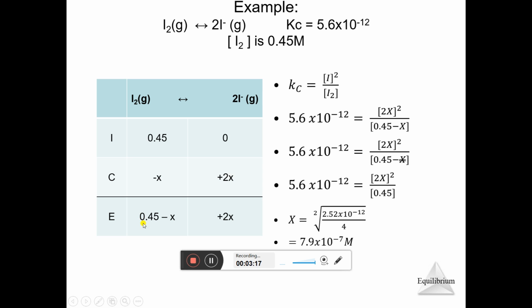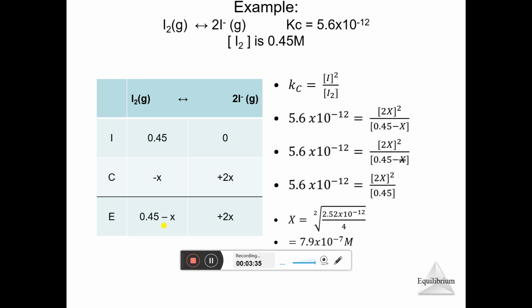Then at equilibrium, we can make this statement. So at equilibrium, the concentration of I2 will be 0.45 minus some change, minus some X. And the concentration at equilibrium of the iodine ion will be 2X.